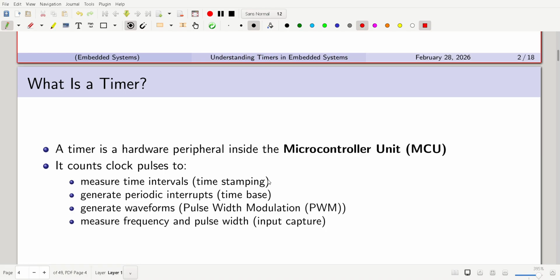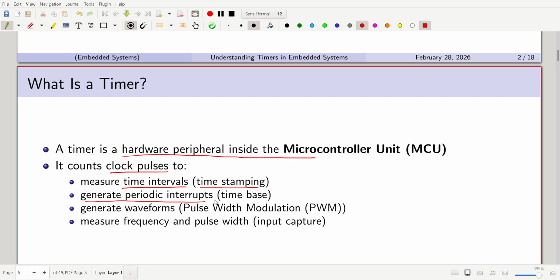Now the question is, what is a timer? A timer is a hardware peripheral inside the microcontroller unit. It counts clock pulses to measure time intervals. This is also called time stamping. It generates periodic interrupts, which is called the time base.